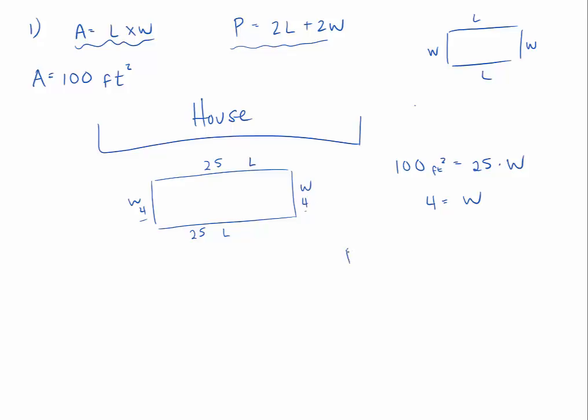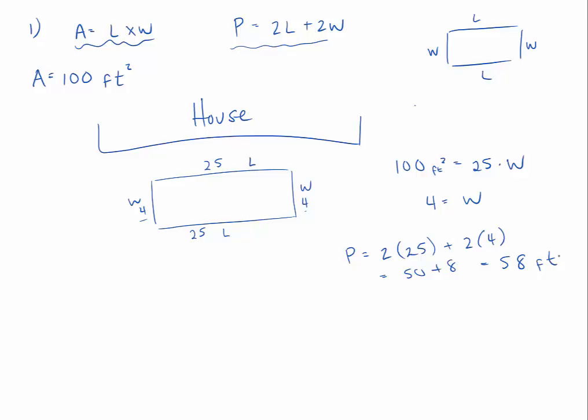But if I use the equation up above, 2 times L, which we said was 25, plus 2 times W, which we found out is 4. So 2 times 25 is 50, plus 2 times 4 is 8, and so 58 feet. It's actually not square feet, but that's a different video about units.